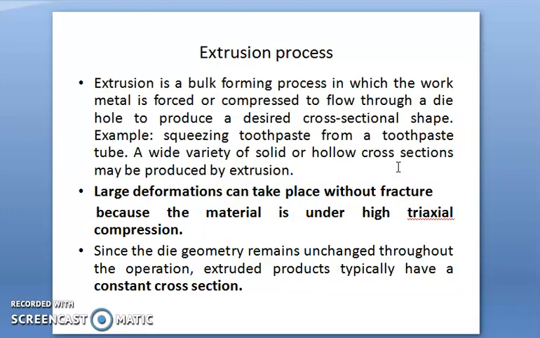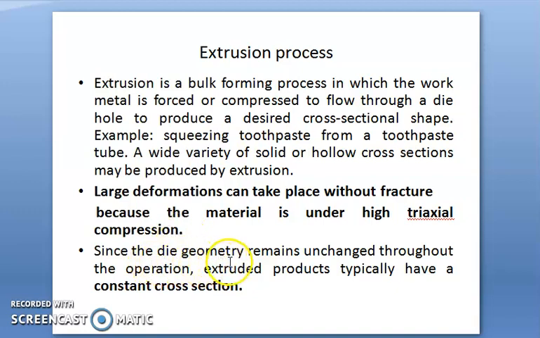However, most metals are hot extruded due to the large amount of force required. Large deformations can take place without fracture because the material is under high triaxial compression. Here we are using compression force.